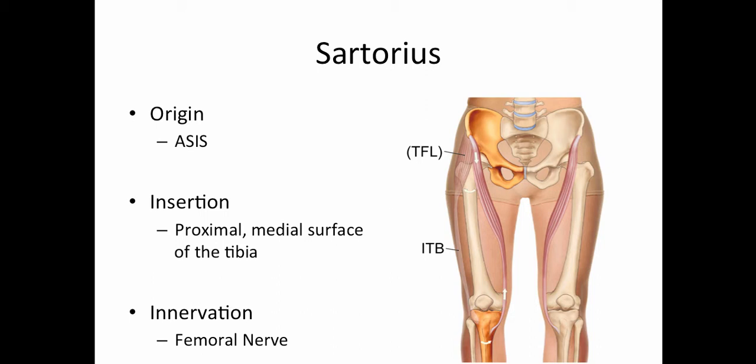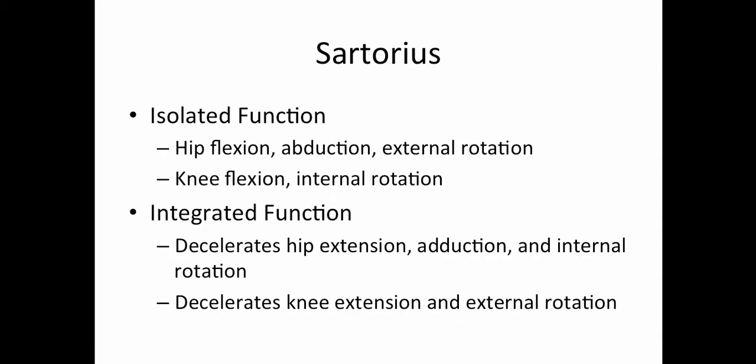The sartorius originates on the ASIS, or the anterior superior iliac spine. It inserts on the proximal medial surface of the tibia. The isolated function of the sartorius is hip flexion, abduction, external rotation, knee flexion, and internal rotation.